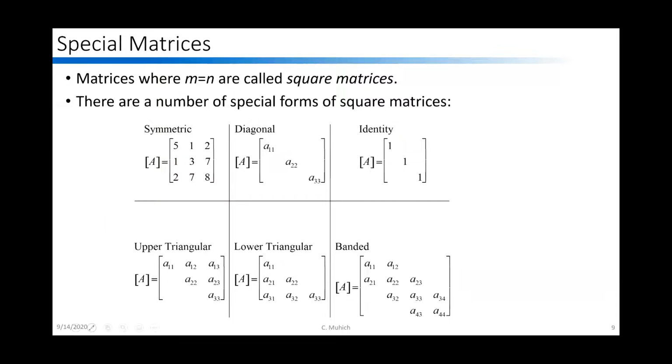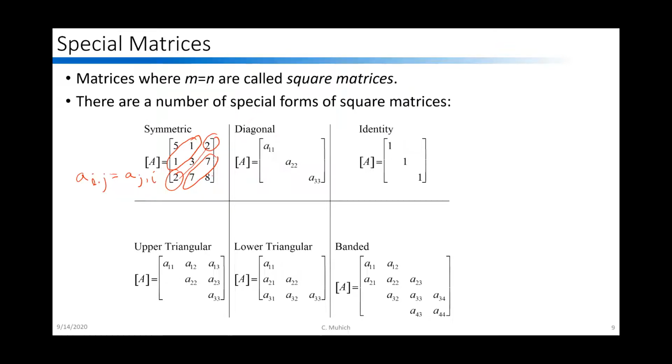Put mathematically, we have a symmetric matrix when a i,j is equal to a j,i. So the 2 and this 2 are equivalent, 7 and 7 are equivalent, so we have a symmetric case across that diagonal.